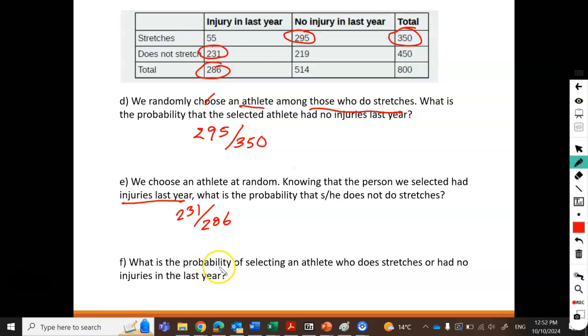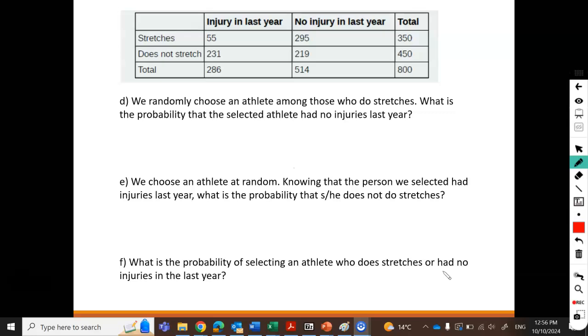Now the last one, what is the probability of selecting an athlete who does stretches or had no injuries in the last year? So we will apply the addition rule here. We see the word "or". First we find the probability of an athlete who does stretches, which is 350 out of 800.